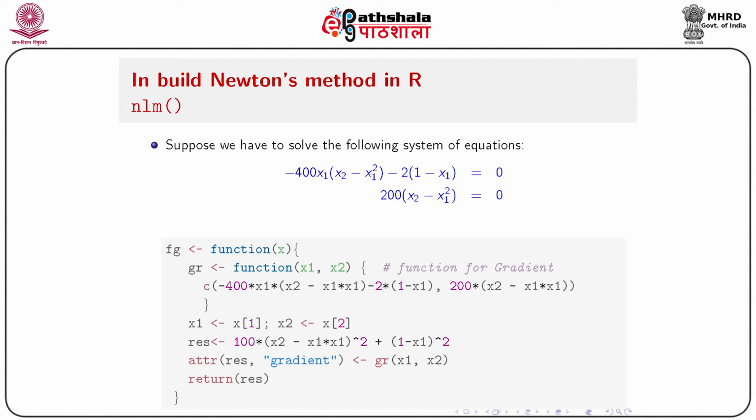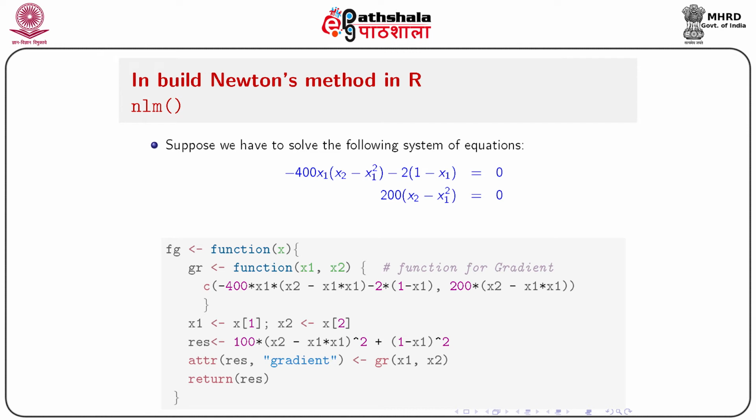within the fg function. Then x1 equals x[1], the first position of that array, and x2 is the second position of the array. Then res equals 100 times (x2 minus x1 squared) whole squared plus (1 minus x1) whole squared, and the attribute is the gradient gr(x1, x2). So if you pass x1 and x2, you will get the gradient value, and we attach the attribute in this manner and return res.